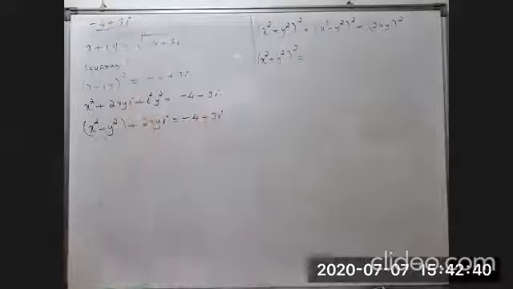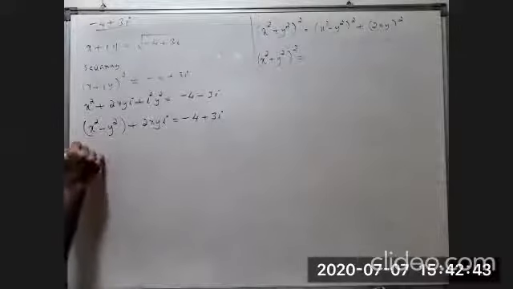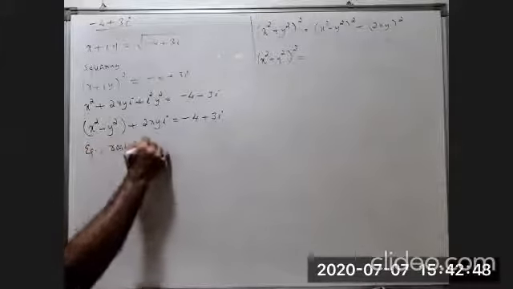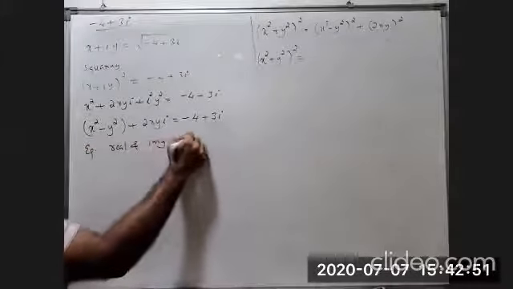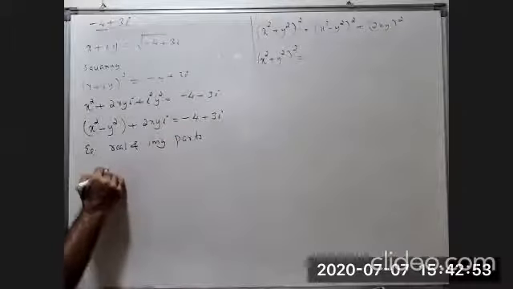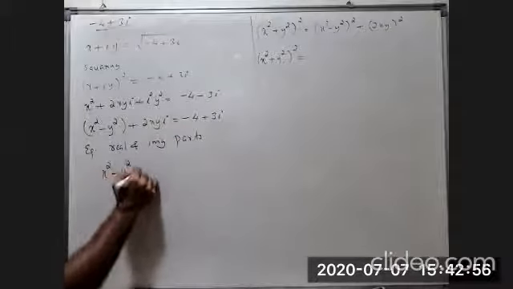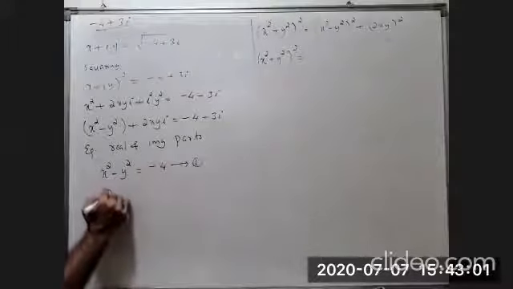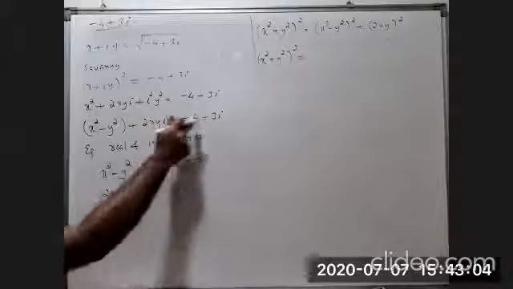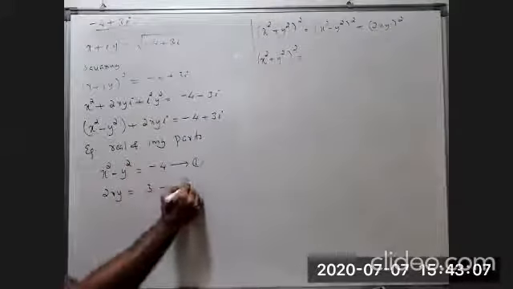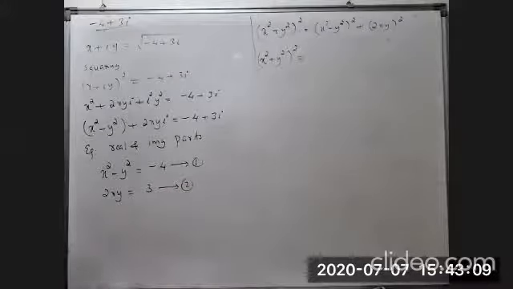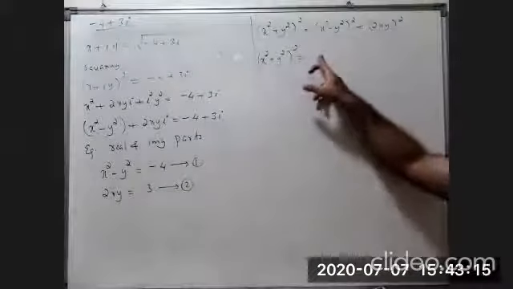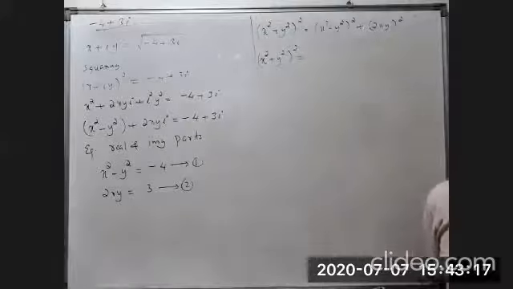In all questions, same thing. Then we write, equating real and imaginary parts: x square minus y square is minus 4, equation number 1. 2xy is 3, equation number 2. Substitute here and get equation number 3. All of you do it.